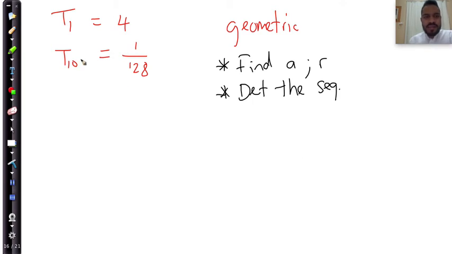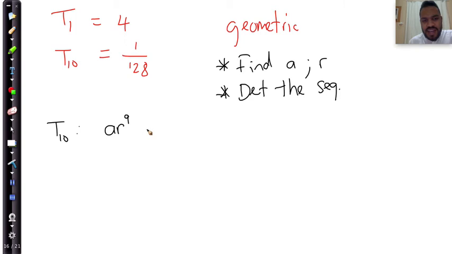So how I like to do this is I like to say, okay, let's lay it out. Let's put T10, let's put the highest one first. And then we say that's going to be A times R to the power of 9. Now remember why it's 9, because this position over here represents n minus 1. And when you substitute 10 into the n that has to be over here, it's going to be 10 minus 1, which gives me 9.